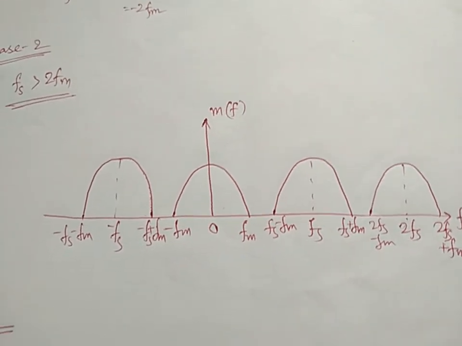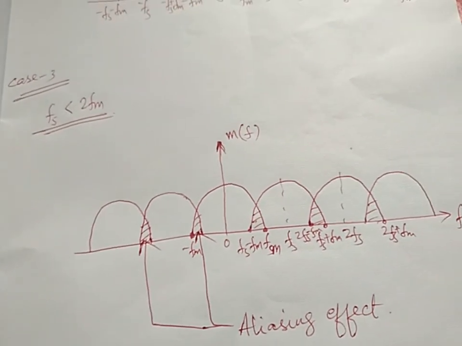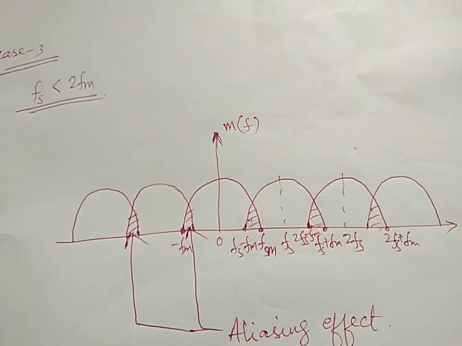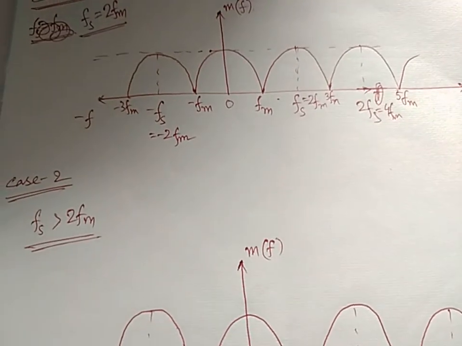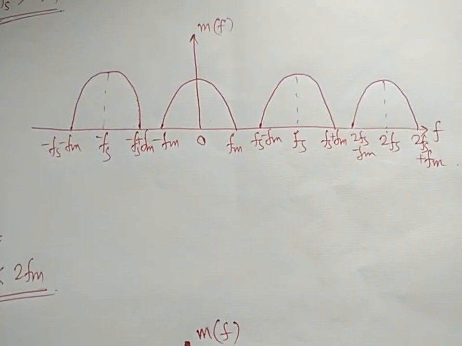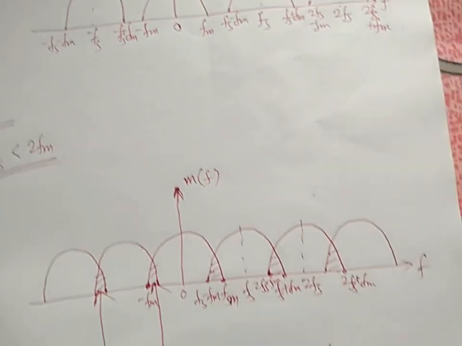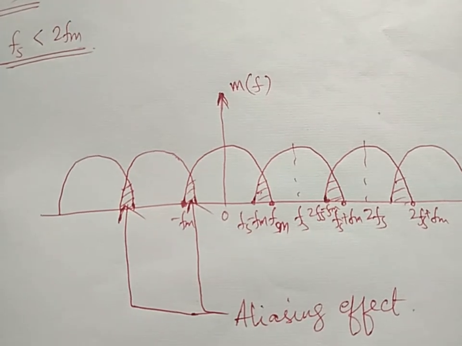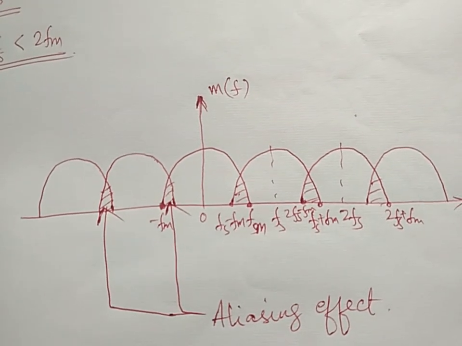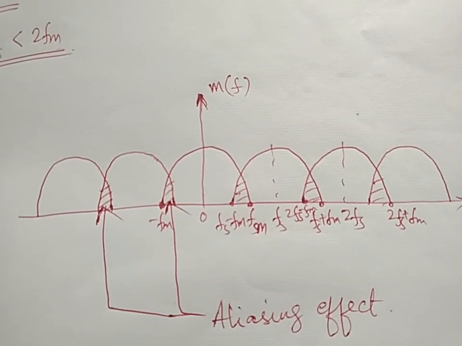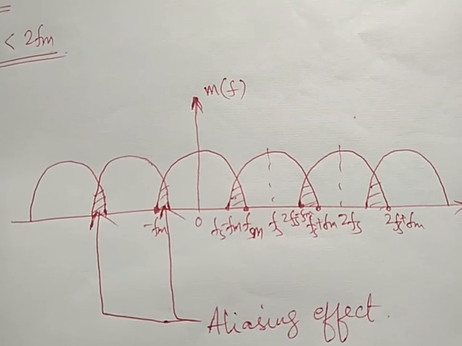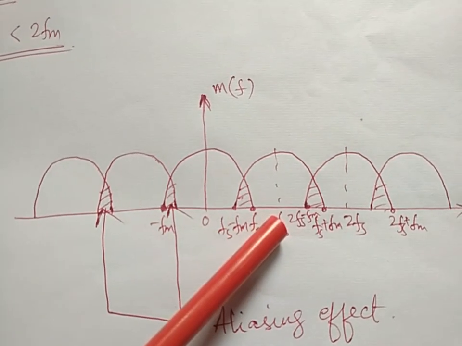But in case 3, whenever fs is less than twice fm: whenever it was equal, it had no gap. Whenever it is greater than twice fm, there was a gap. Whenever fs is less than twice fm, instead there will be overlapping, because my fs was less than twice fm.